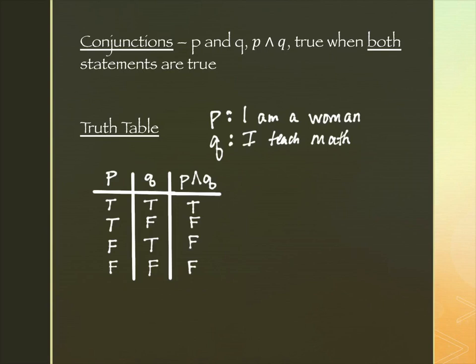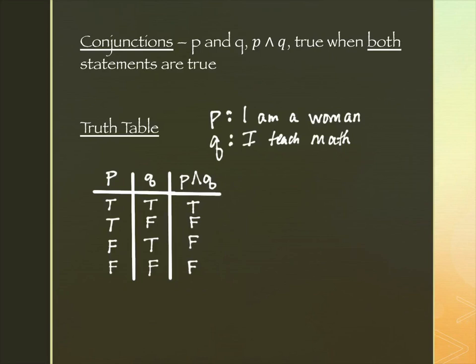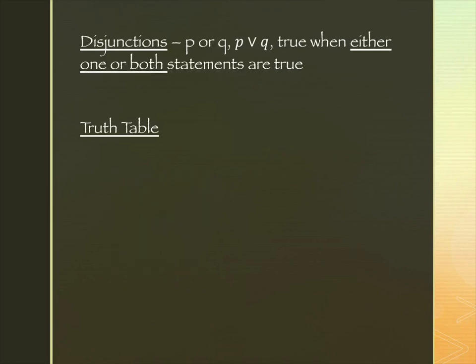Okay, we're going to repeat the same thing, but we're going to do it now for a disjunction, an or statement. Actually, let me copy this. You don't have to recopy yours because yours is on the same piece of paper. I'm just straight above it, but mine's not. So here's my statements again. All right, so this is an or statement. So an or statement is true when either one or both statements are true.